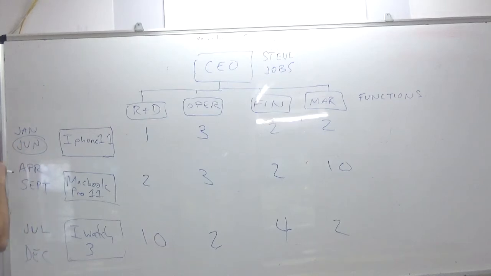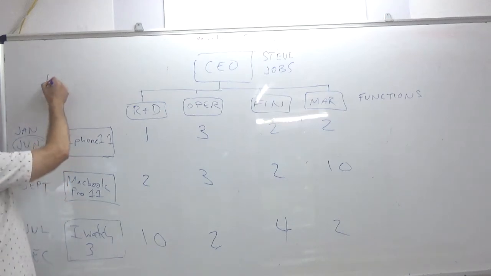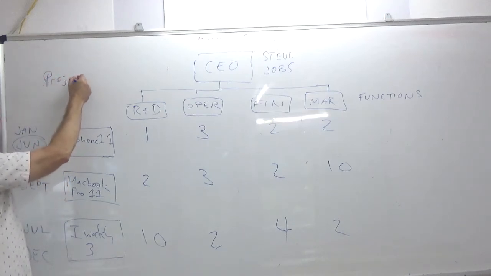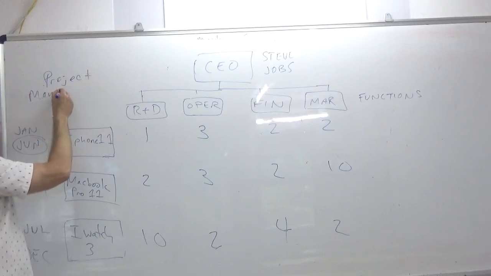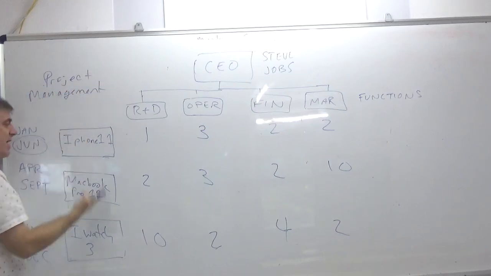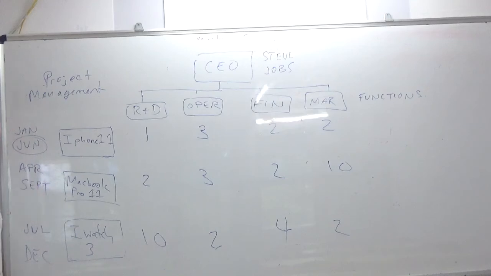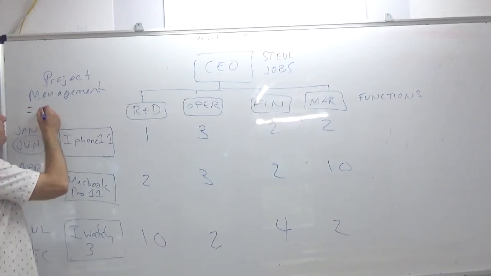So this is a way that companies can do project management. If you see the term project management, this is the style, you'll see a matrix structure. It's a project management structure.